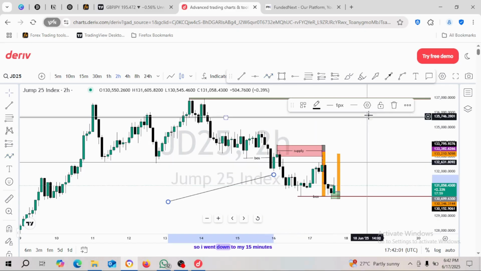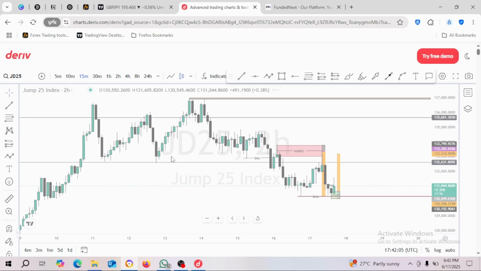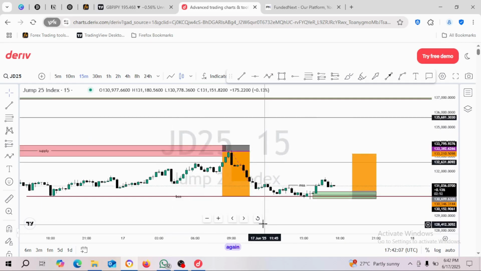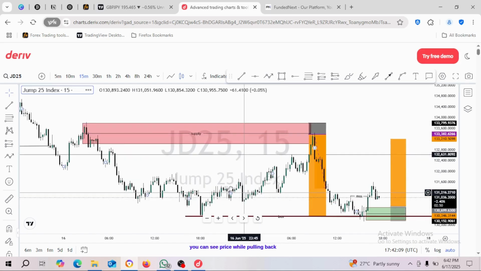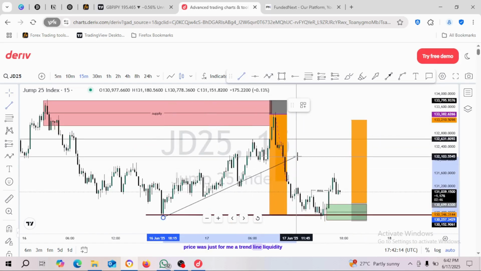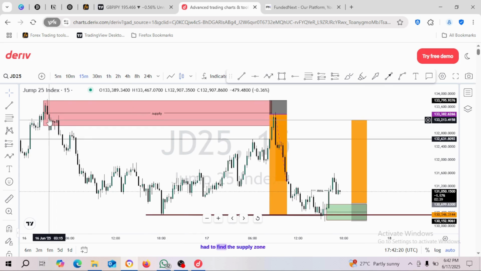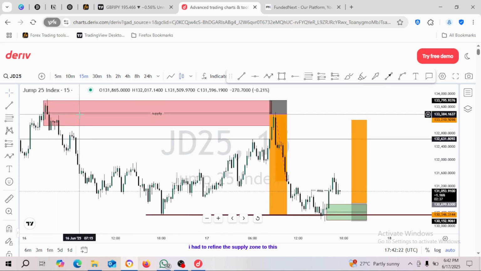So I went down to my 15 minutes time frame, and again you can see price, while pulling back, was just forming a trend line liquidity to come and sweep. So that was also a confluence, and you can see I had to refine the supply zone to this area.